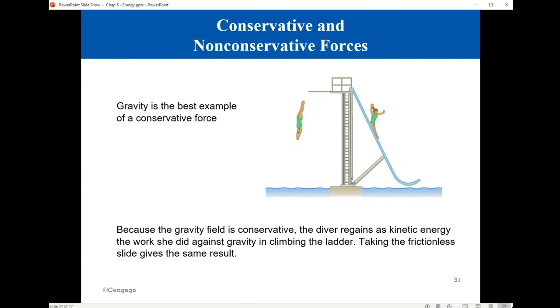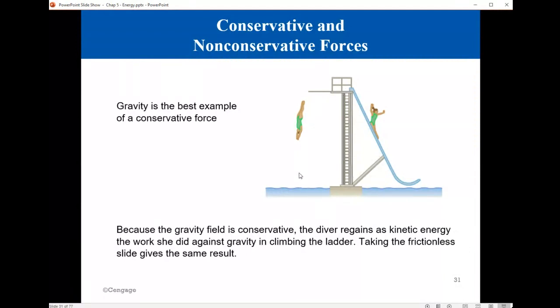as this lady climbs up, she is doing work. When she reaches here, the energy that she exerted is all converted into potential energy because there is no motion, no kinetic energy. The energy now is all potential.